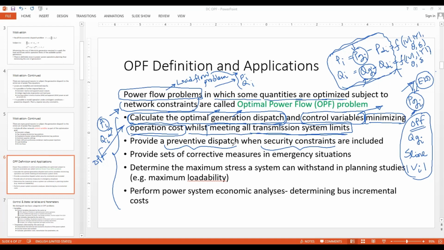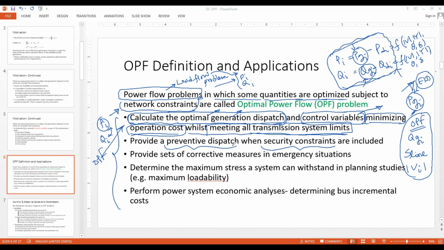Or there could be some routine maintenance for a certain number of generating units at a specific time of the year, so those generating units would not be available. So how should we redispatch, or design our dispatch in such a manner that none of the security limits are violated?